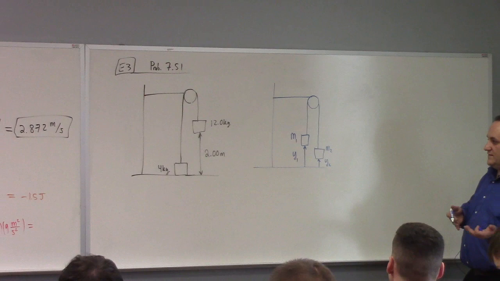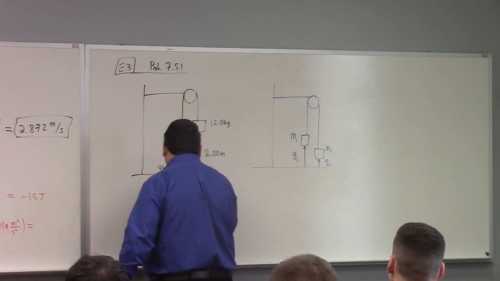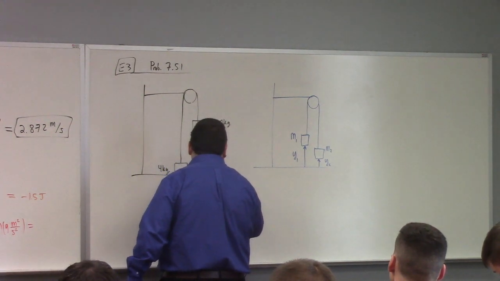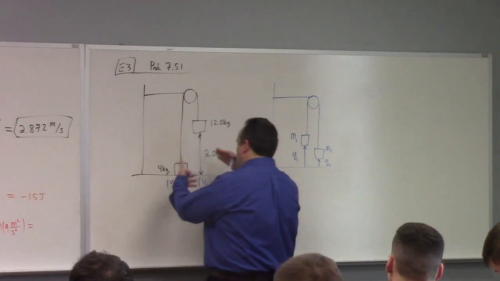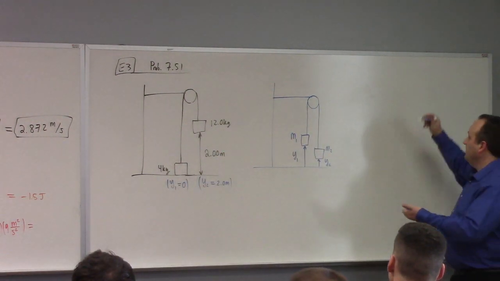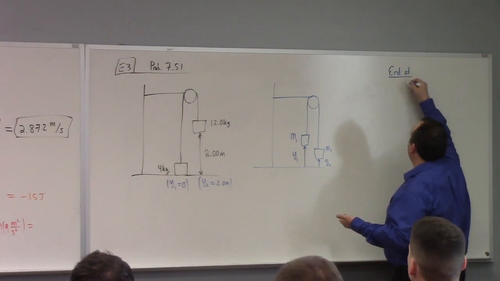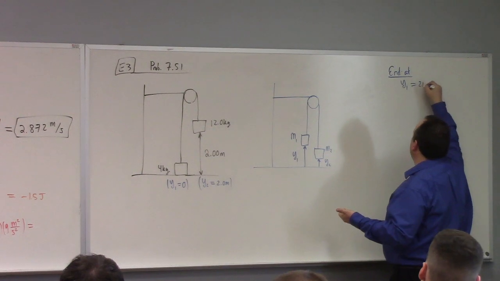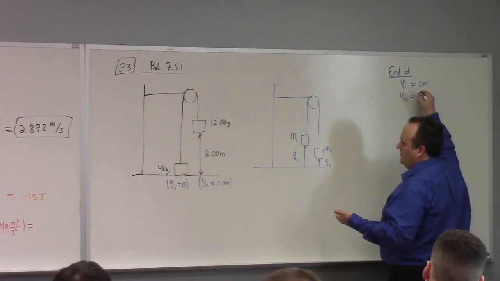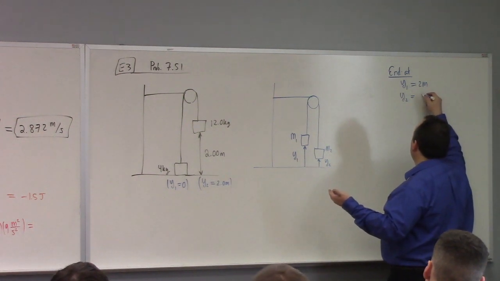But what is always the case about y1 and y2? Here, we've got y1 equals 0 and y2 equals 2 meters, right? So that's the starting point. The ending point is y1 equals 2 meters, y2 equals, my bad, other way around. y2 equals 0.